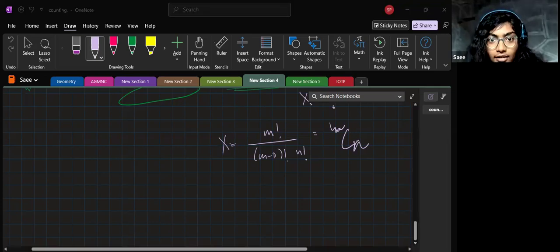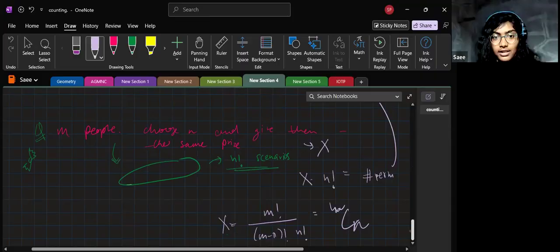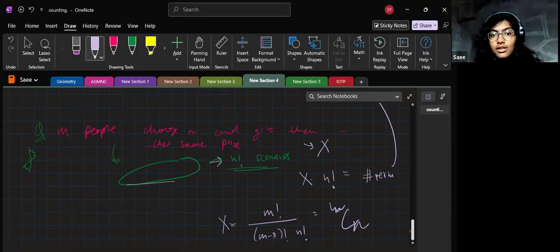Why n factorial? Because we're dividing by n factorial, because for each of these scenarios, there are n factorial more scenarios where we can permute all of them. Consider a scenario where you're just choosing and giving everybody one chocolate. So you already have n people.